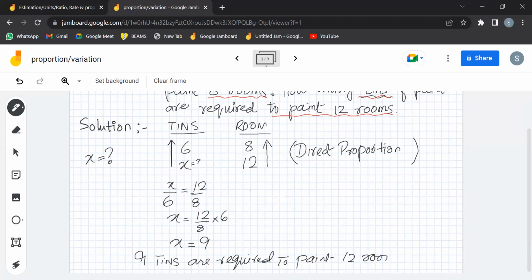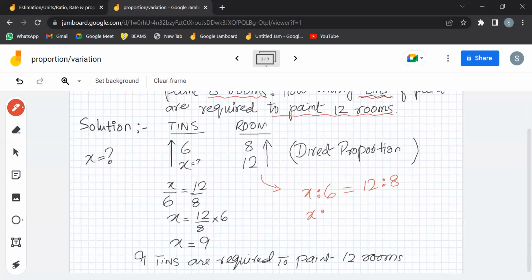12 rooms. So just for understanding the equality of two ratios, x is to 6 is equal to 12 is to 8. So proportion is basically the equality of two ratios.